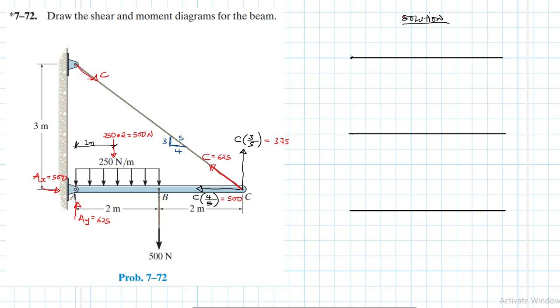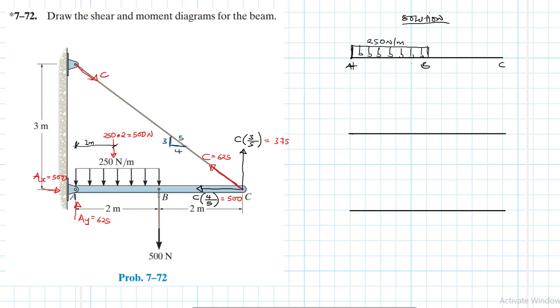So we have A, B, somewhere there, C. We have the distributed load like so, up to B. This is 250 newtons per meter.